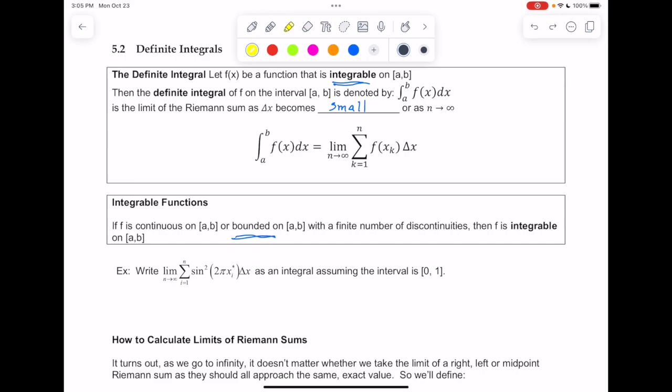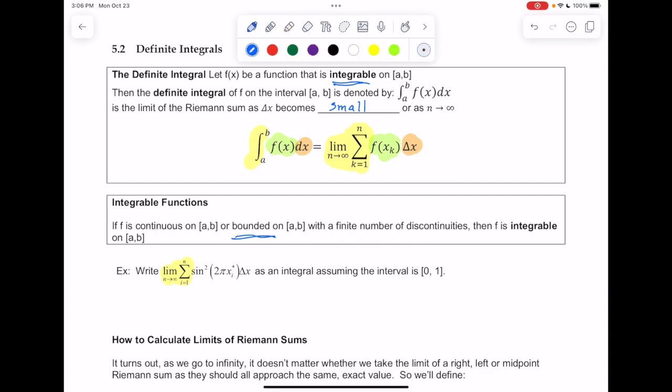All right, so now seeing how the pieces fit together, this part right here, the limit as n goes to infinity of the sum as k goes from 1 to n, I think of that as becoming our integral symbol. And then we have the function inside, f of x sub k becomes the f of x, and then the more obvious little piece, the delta x, becomes the dx. So we want to do the same sort of thing down here. So we have the limit of the sum.